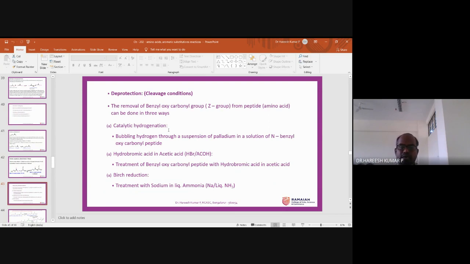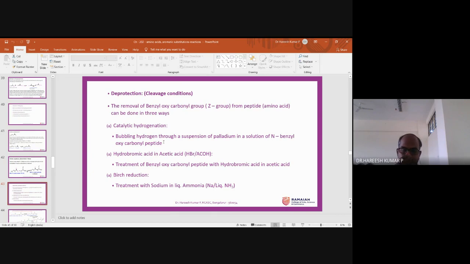Bubbling hydrogen through a suspension of palladium in a solution of the peptide, you can write N-benzyl oxycarbonyl peptide. Yes, it's right. Then what will happen? The hydrogen is there, no?